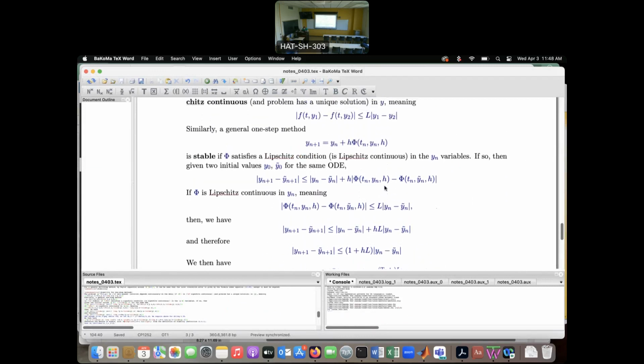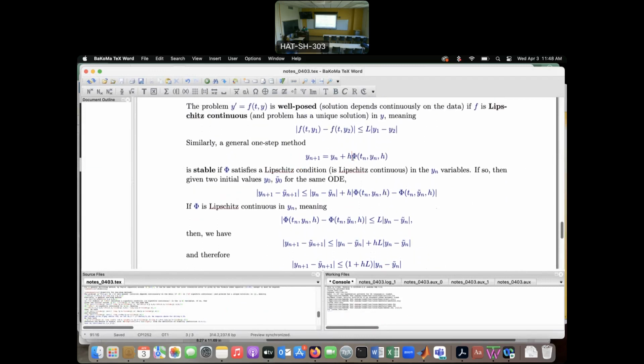So in other words, showing that your function phi that defines your one-step method is Lipschitz continuous in the y argument is a sufficient condition for the method being stable. So for one-step methods, we have a simple way to check if the method is consistent: you set h equals 0 in your phi function to make sure you get f.